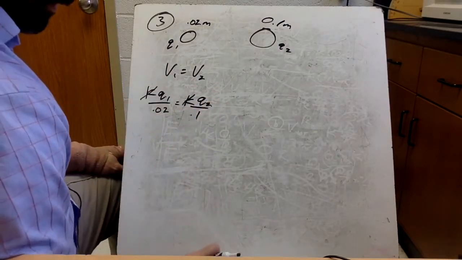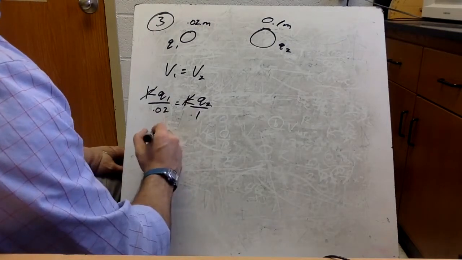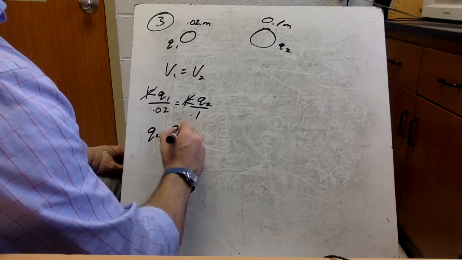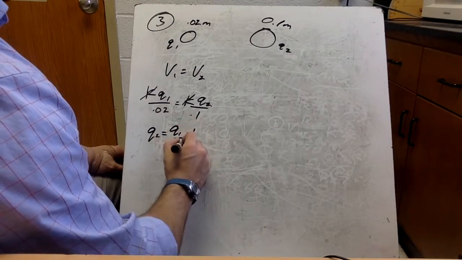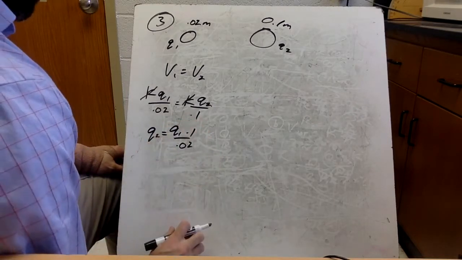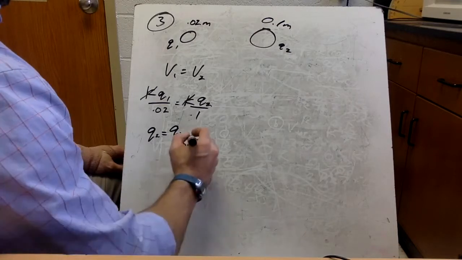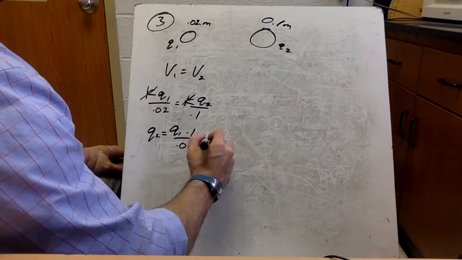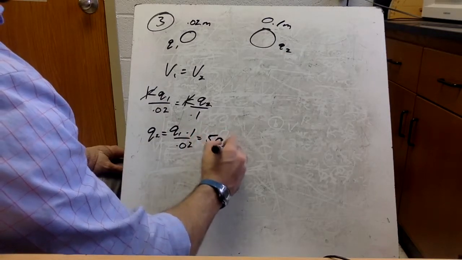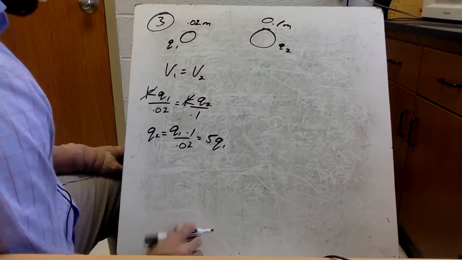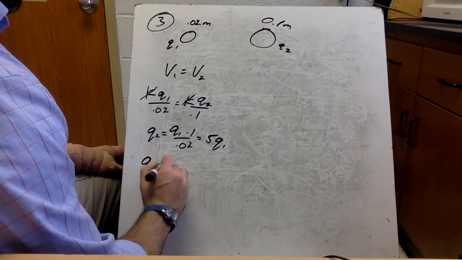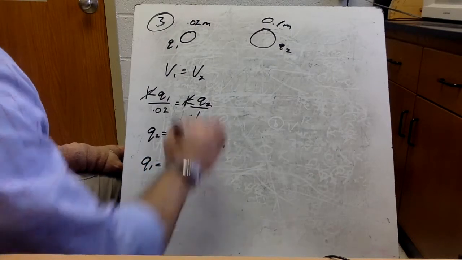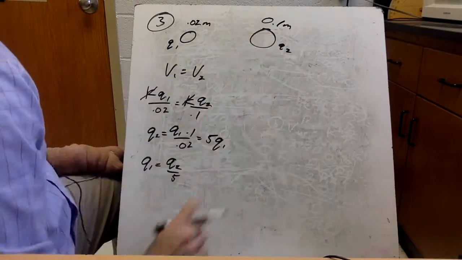And so what we end up with is that Q2 is equal to Q1 times 0.1 over 0.02. That's saying that Q2 is equal to 5 times Q1, or you could say that Q1 is equal to Q2 over 5. Q1 has less charge than this one.